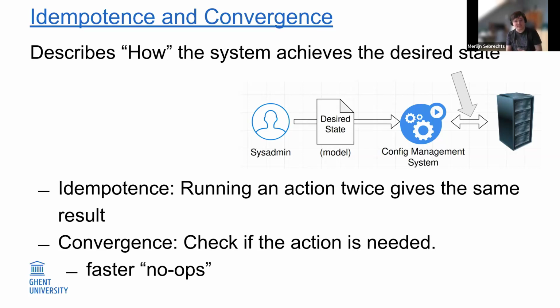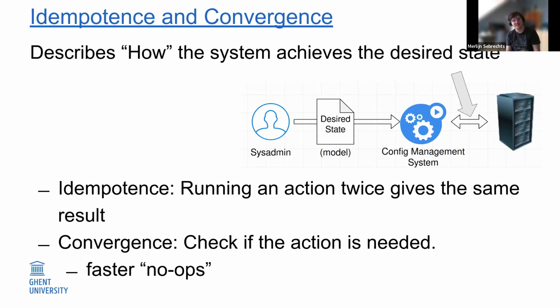So that basically means that every single time your configuration management system wants to get a system into a certain desired state, it simply runs all actions, knowing that if the system is already in that state, those actions will give you the exact same result.